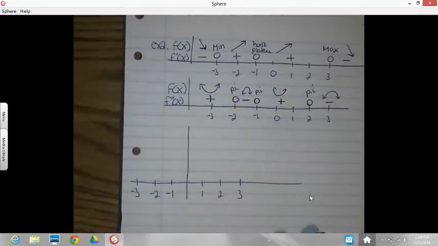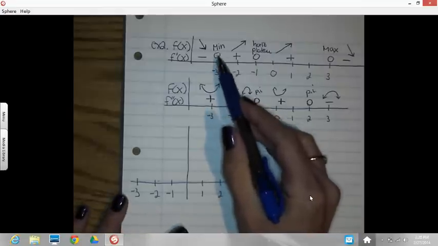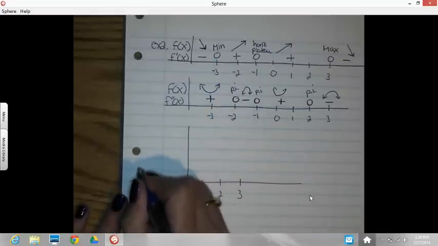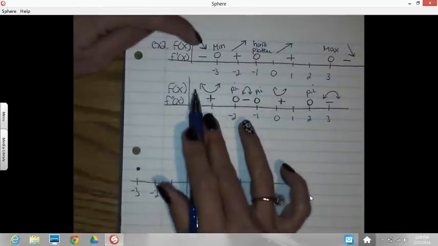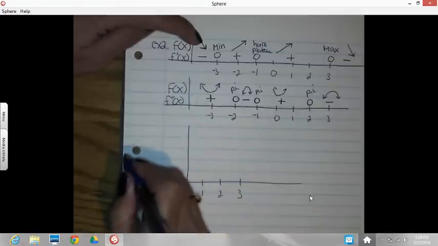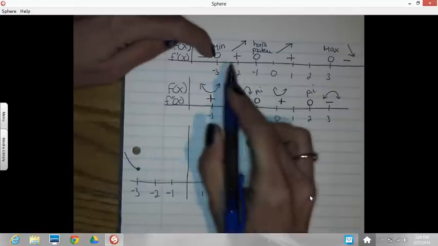Our first critical point is at negative 3, and I know I've got a minimum. So I'm going to put my point, doesn't matter where. So before the negative 3, I know I'm decreasing and I'm concave up. So decreasing concave up looks like this.